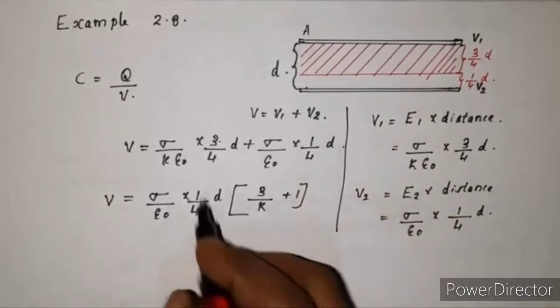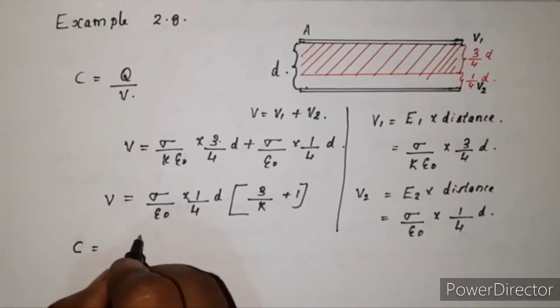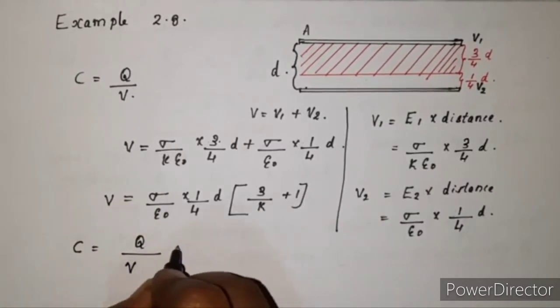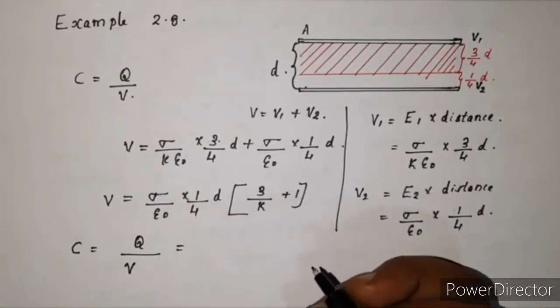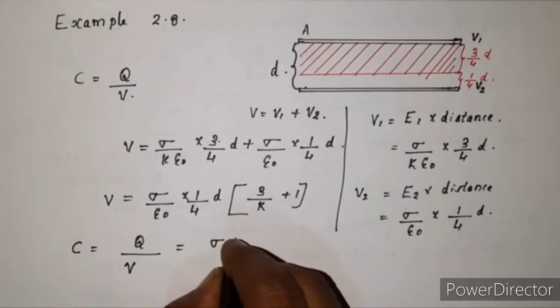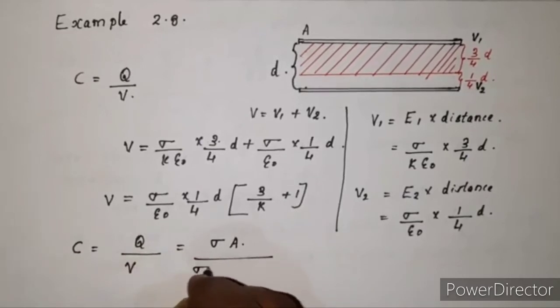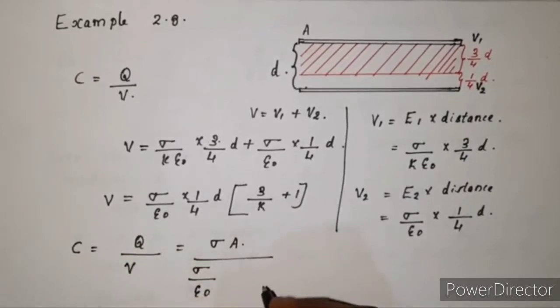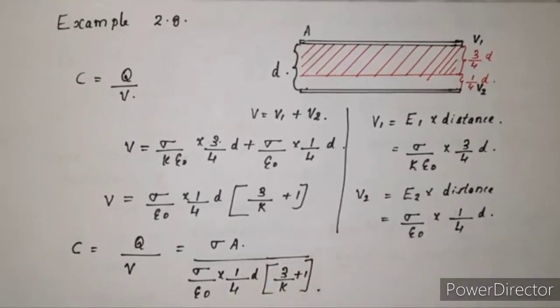Now what we want is the capacitance. Capacitance C is equal to Q by V. Q is the same as sigma A, divided by sigma by epsilon 0 into 1 by 4D into 3 by K plus 1, just a substitution.